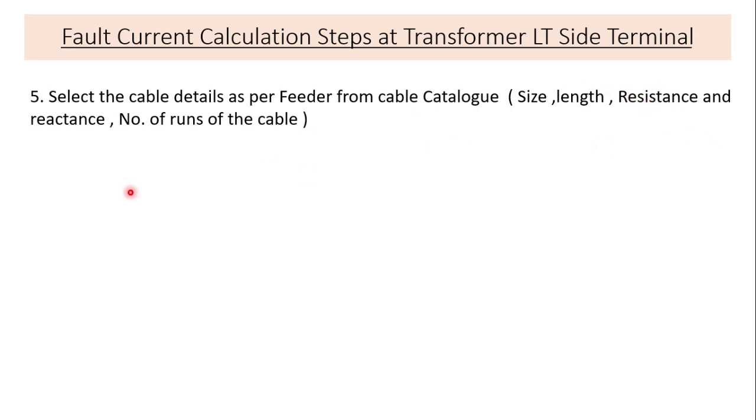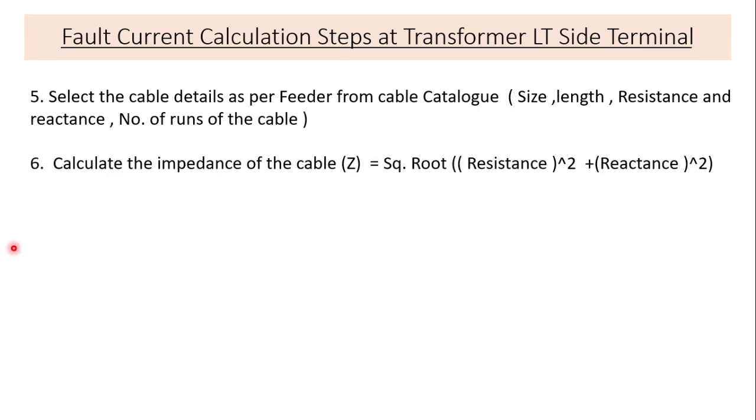Resistance and reactance we get from the cable catalogs, and according to that we calculate the impedance of the cable. Then calculate the impedance of the cable as per this formula: square root of the resistance squared plus reactance squared.